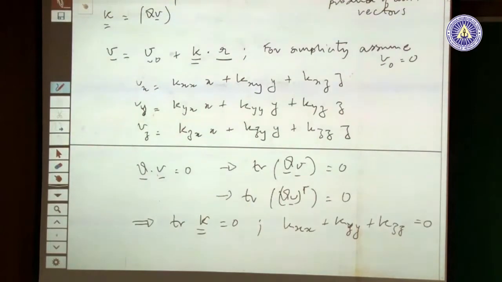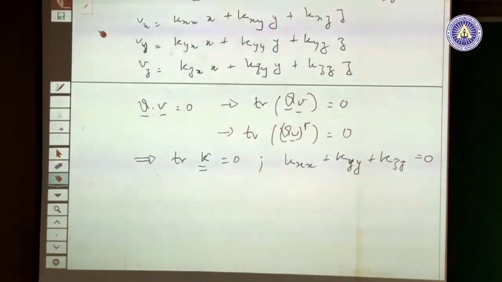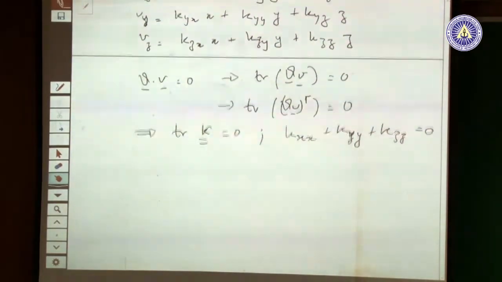So, the condition of incompressibility when applied to a homogeneous flow implies you have to have this condition.